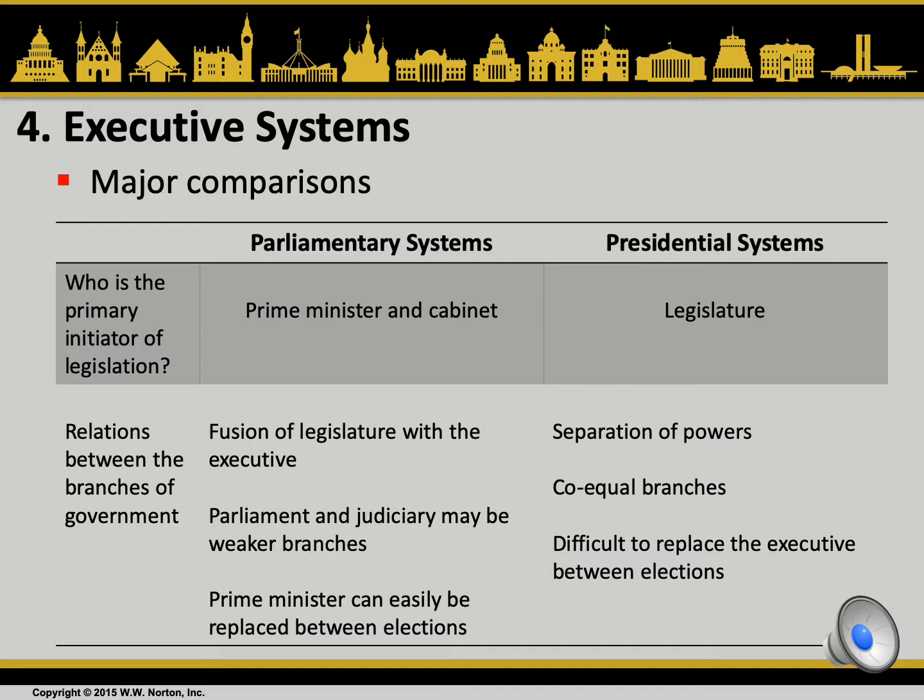And it's difficult to replace the executive between elections. Difficult, but not impossible. Certainly, if there is an infraction of the rule of law, replacement of the executive becomes easier than not. But typically, the executive between elections is not as easily replaced as he is in the parliamentary systems.